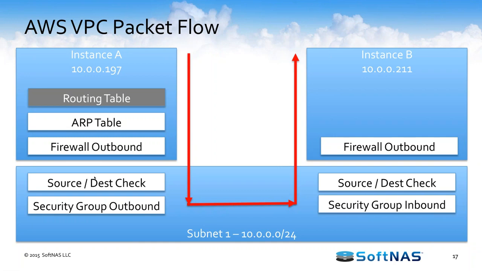So it's very common. A lot of times people will say, well, I can SSH, or I can't SSH, or I can ping, but I can't ping. And a lot of the problems that people experience in troubleshooting connectivity here is primarily around these security groups, primarily on the inbound side, because the outbound is actually open by default.